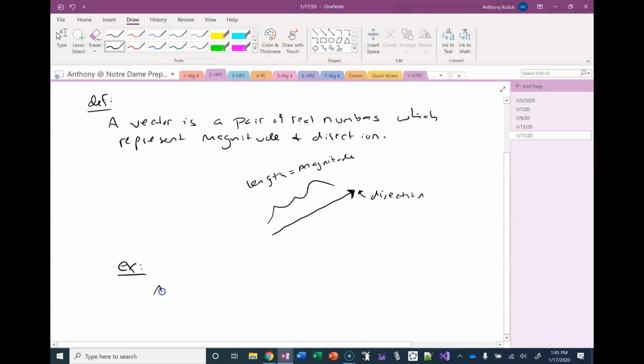So maybe we had a wind, let's say a 30 mile per hour wind blows at a bearing, I think that was the vocab we used, of 167 degrees or something, right? This is describing one thing. It's describing just one vector.